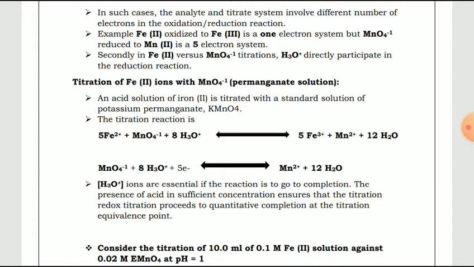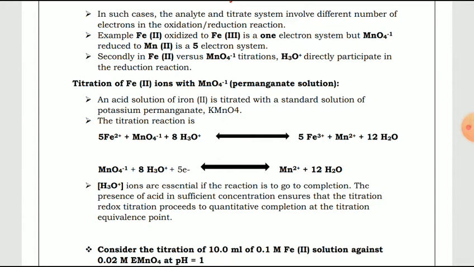Here is a spelling mistake, that is KMnO4. In this titration, in the conical flask we take 10 ml of 0.1 molar ferrous solution, and in the burette we fill 0.02 molar KMnO4 solution and titrate against the ferrous solution.